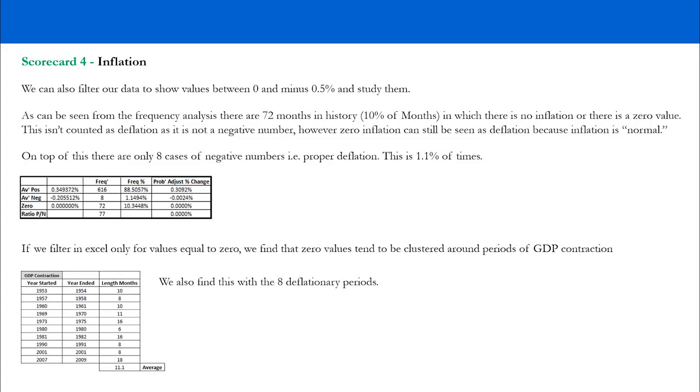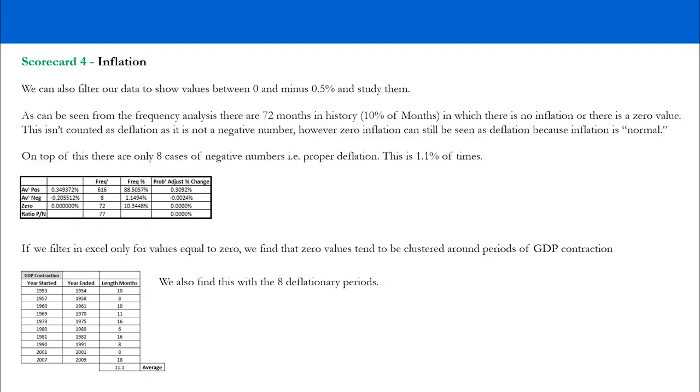On top of this, there's actually only 8 cases of negative numbers, i.e. proper deflation, in the CPI ex food and energy numbers. And this occurs 1.1% of the time. So when we look at these together, it comes to 11%, and we can consider this in its entirety as deflation in itself.